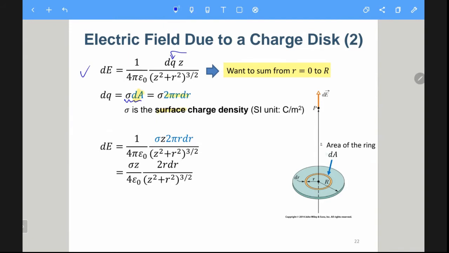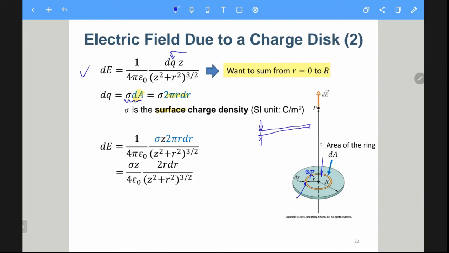Because you can imagine this is a ring. This is not a rectangle, but as long as this ring is very, very thin, because the thickness of this ring is only dr, so it is very, very thin. And we cut it at some point, and then we expand it. So it will be something like a rectangle.